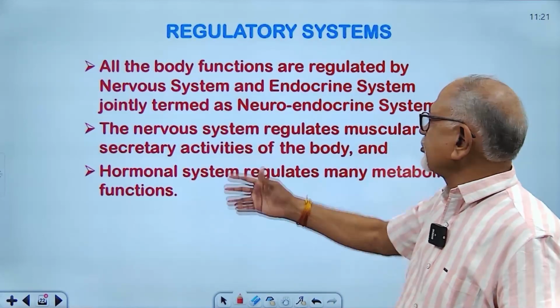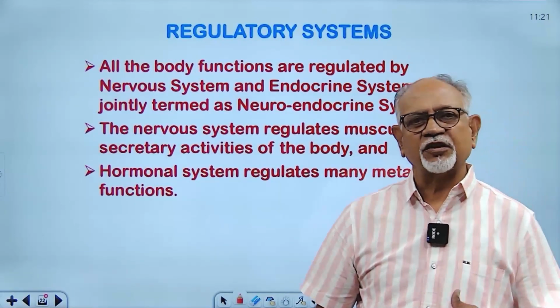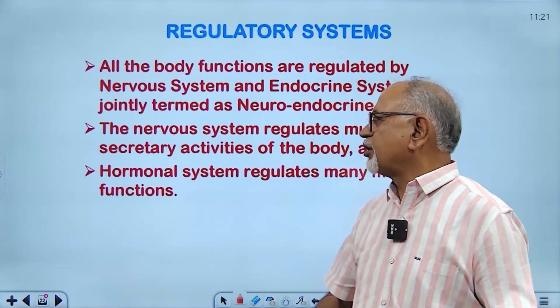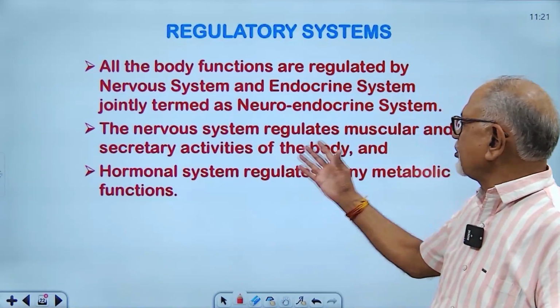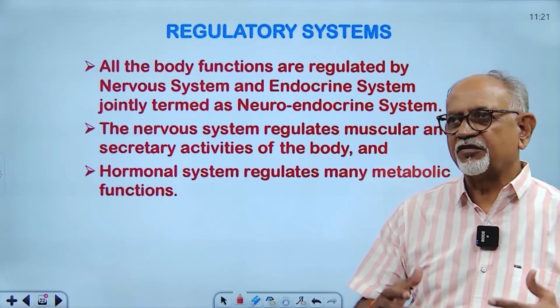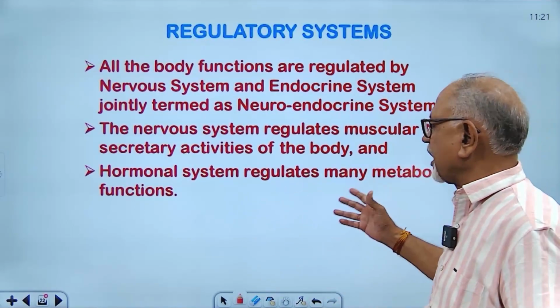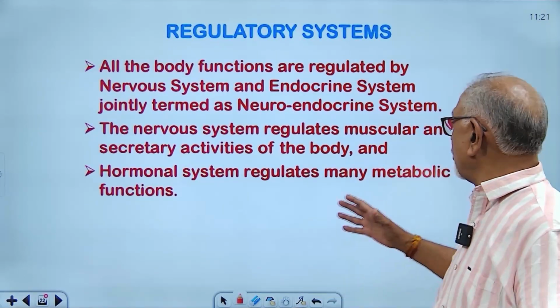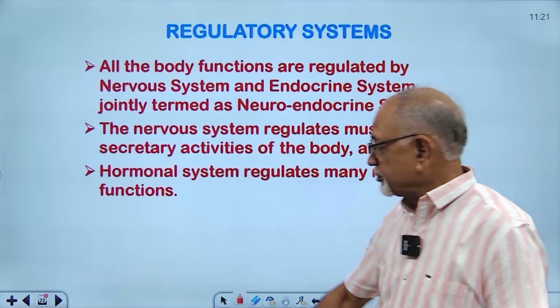One is the nervous system and another is the endocrine system. Jointly we call it the neuroendocrine system. The nervous system regulates the muscular activity and the secretory activity of different glands, and the hormonal system regulates all the metabolic functions.